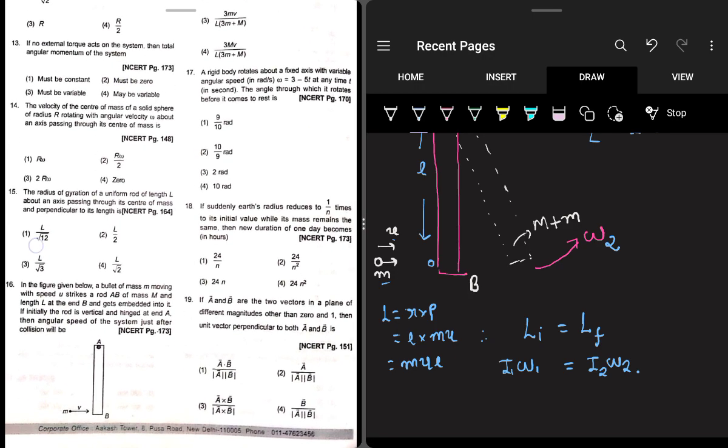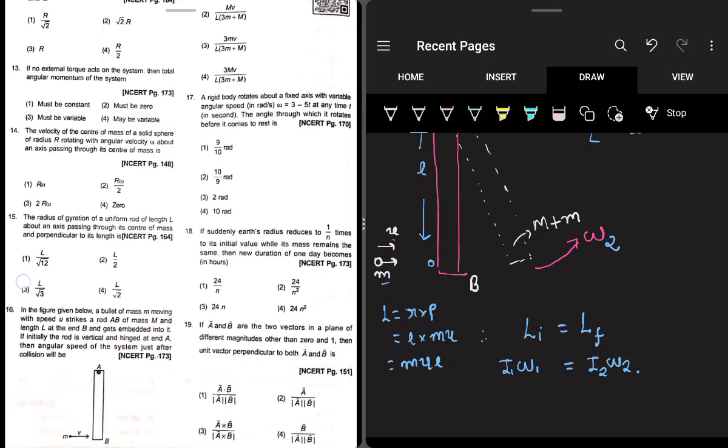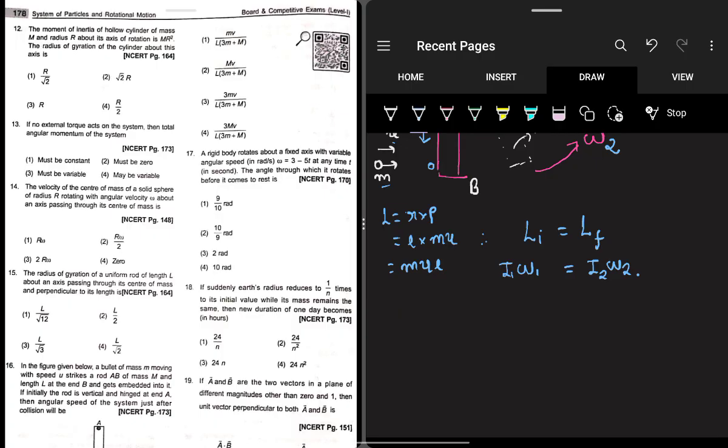The rod is vertical and hinged and then angular speed of the system just after the collision will be. We need to find this omega 2. It will be I1 omega 1 divided by I2. So we just need to worry about this omega 1, moment of inertia and I2. We got our initial angular momentum, which is mul.